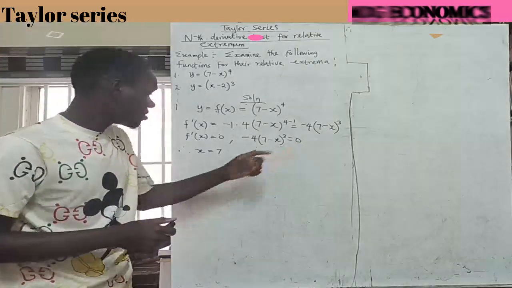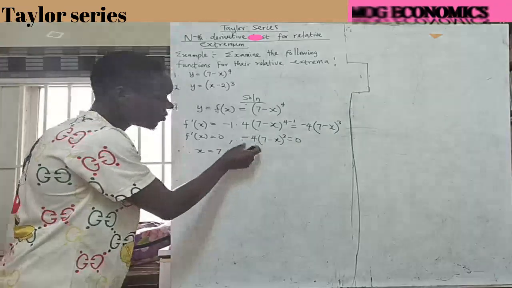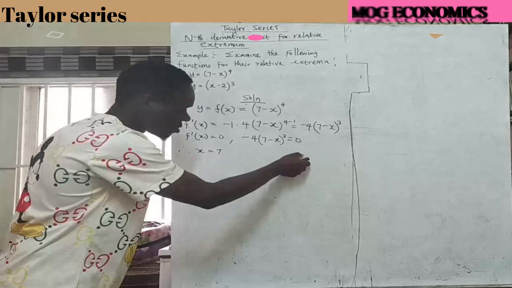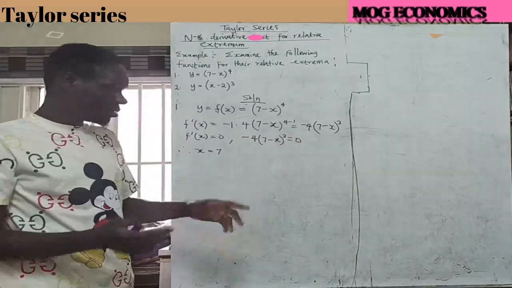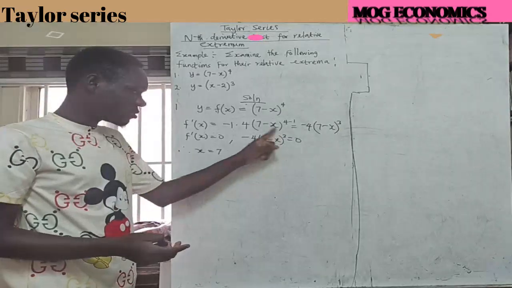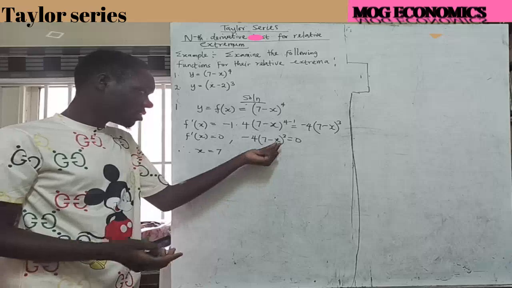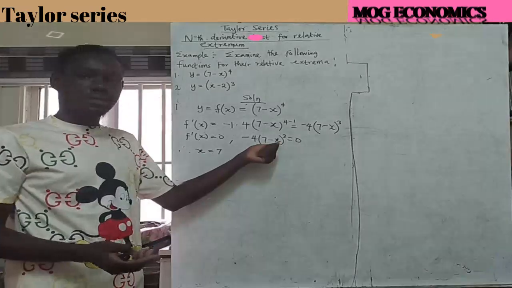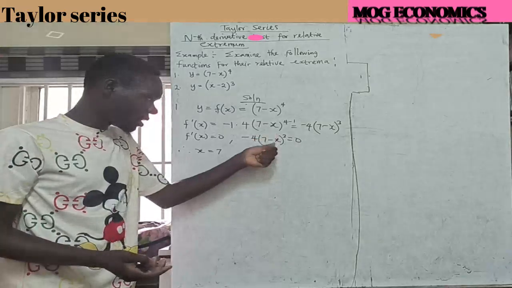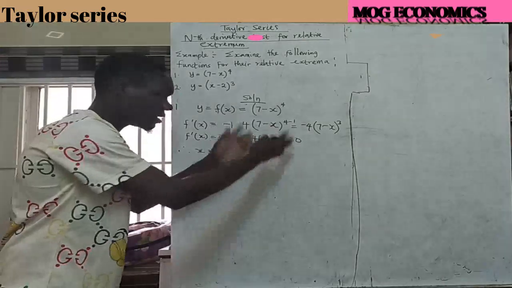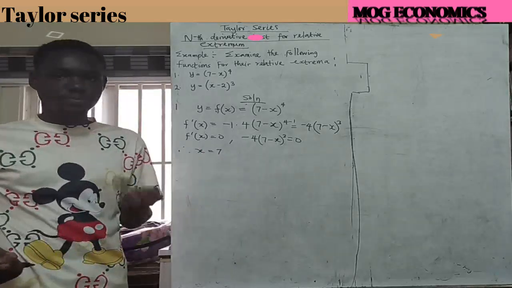This is 0 because if you divide both sides by minus 4, that's 0. Or to look at it this way, for this whole expression to become 0, this has to be 7, and that is why the value of x is 7. If we substitute 7 here, the entire thing becomes 0.